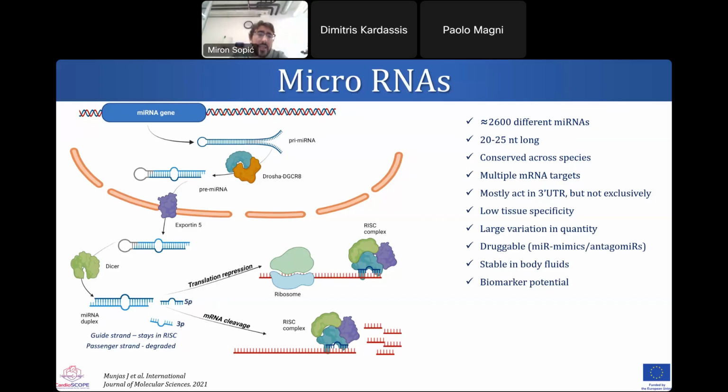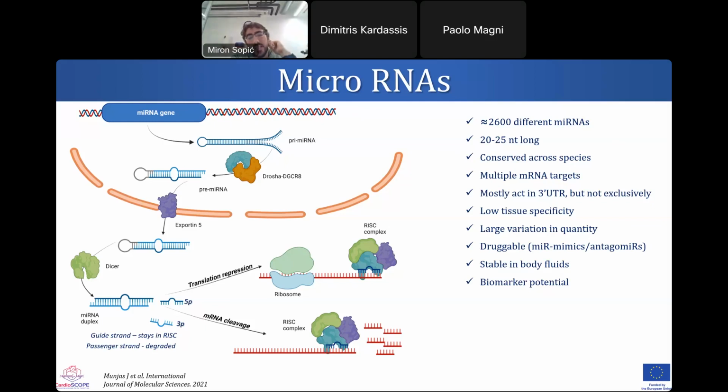And then in the nucleus, this transcript undergoes the activity of this complex, which is called DROSHA-DGCR8. What this complex does is it basically cuts this pri-miRNA, and then you get something that is called pre-miRNA, which is a little bit shorter version of this transcript.